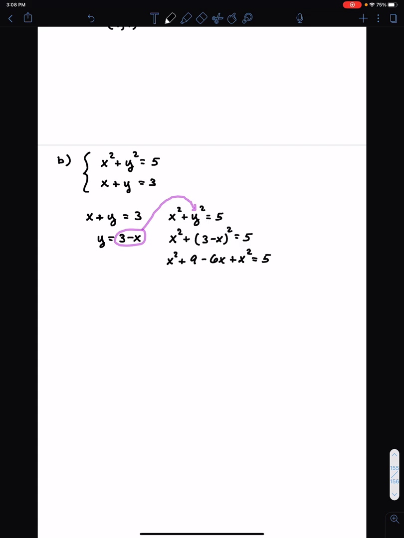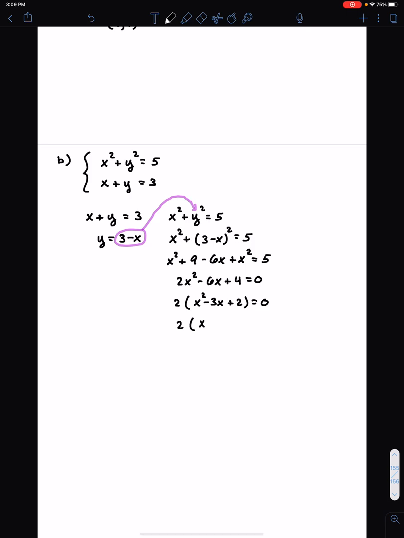If I combine like terms and set this equation equal to 0, since it's a quadratic, 2x squared minus 6x plus 4 is equal to 0. If I factor out a 2, x squared minus 3x plus 2 is equal to 0.